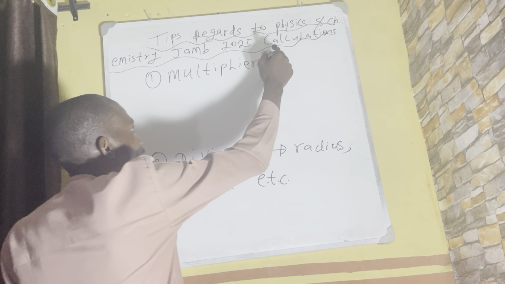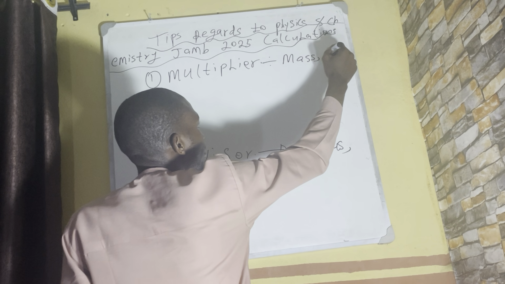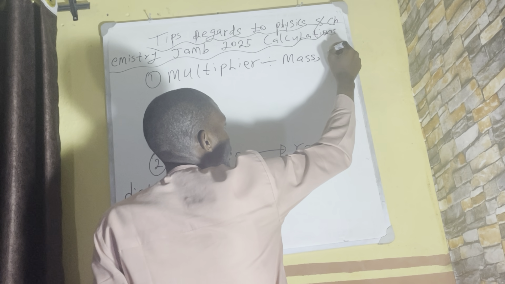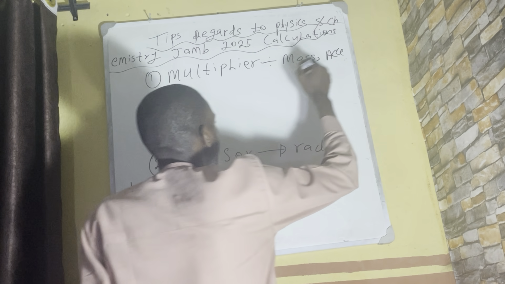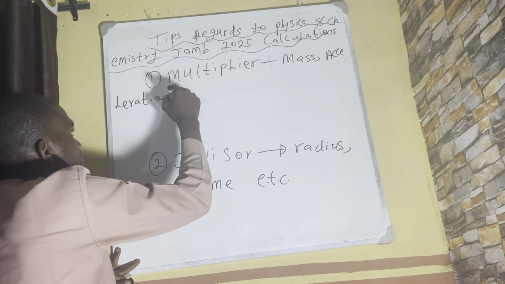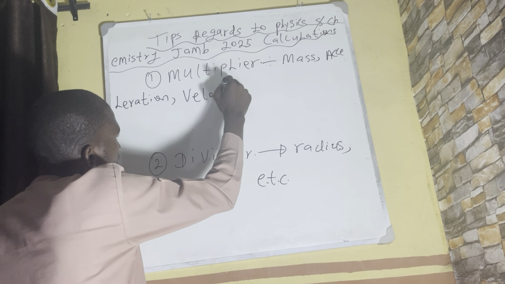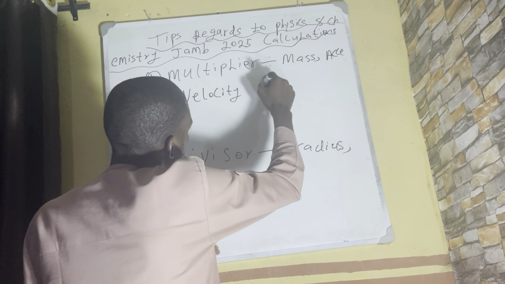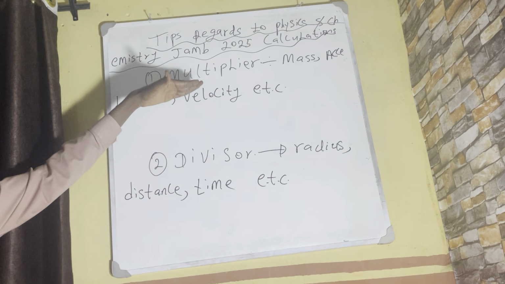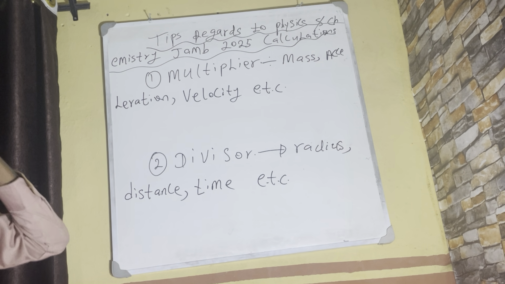Something like mass, acceleration, velocity, etc. So these ones are now acting as multipliers, while distance and time are acting as divisors. So I think you have understood this.